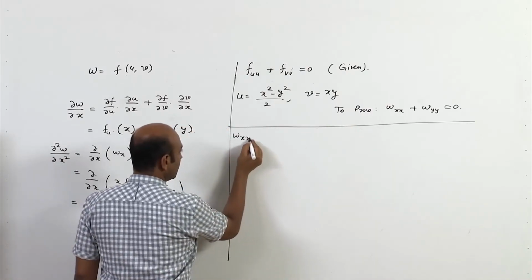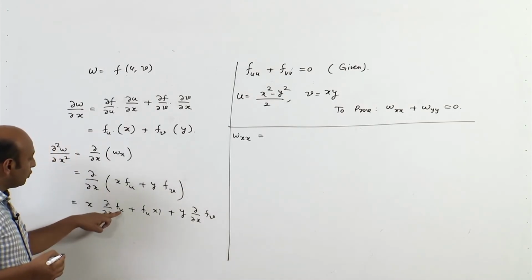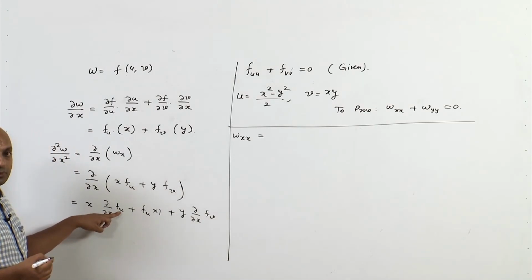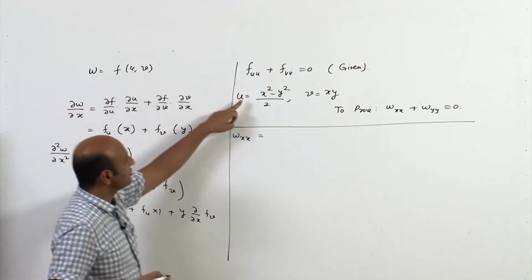So w x x will be given as, now you have to apply the chain rule for f u, because f u is a function of again x and y. F is a function of u and v, and u and v are functions of x and y.